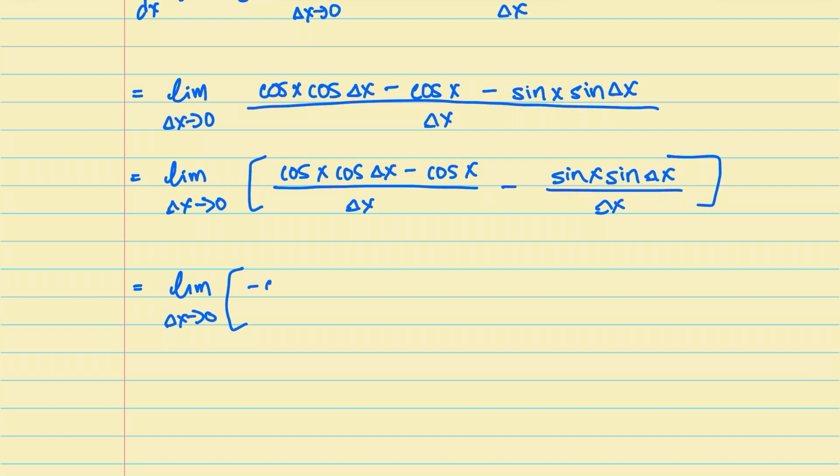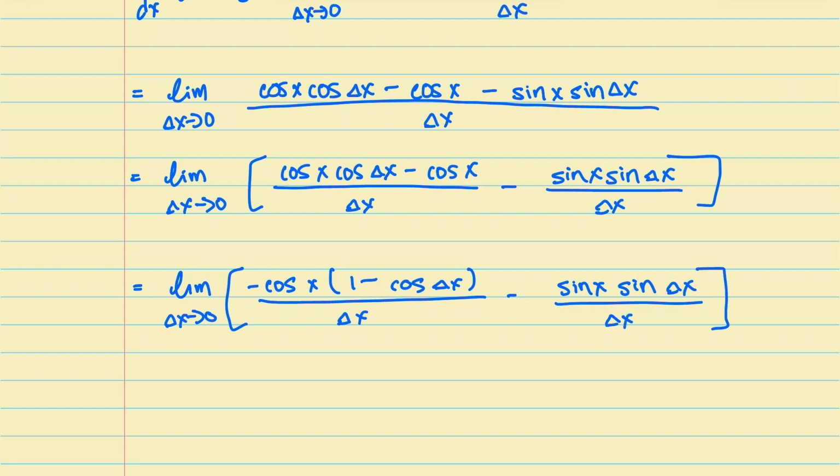By factoring out a negative cosine of x from the first fraction, what you get on the inside is 1 minus cosine of delta x, all divided by delta x, minus sine of x times sine of delta x, all divided by delta x. So we haven't changed anything in our second fraction just yet, just our first fraction.